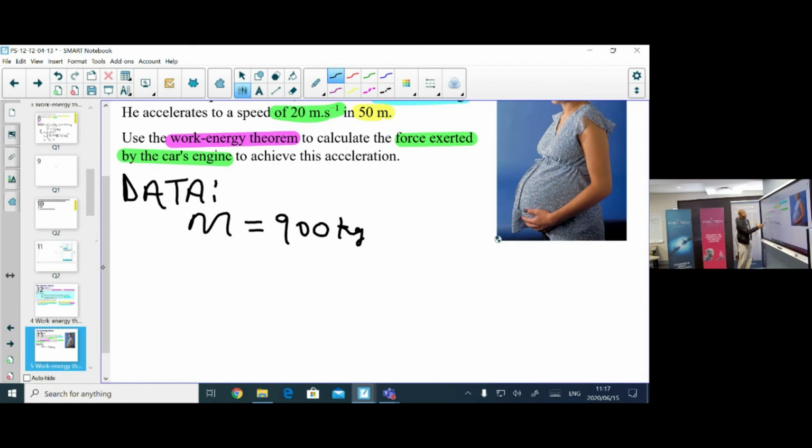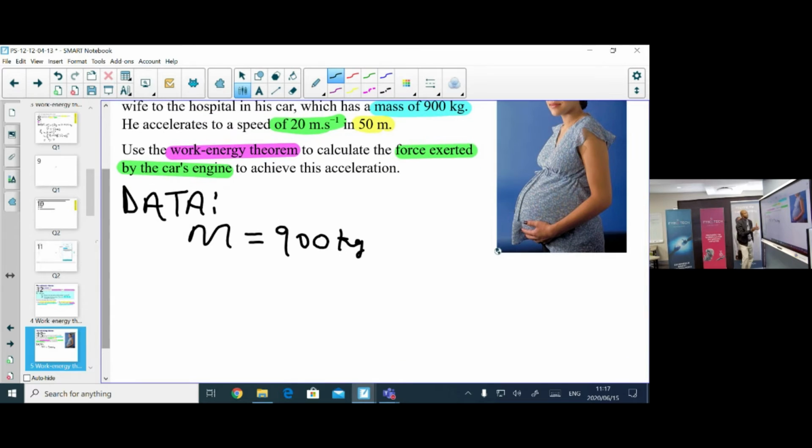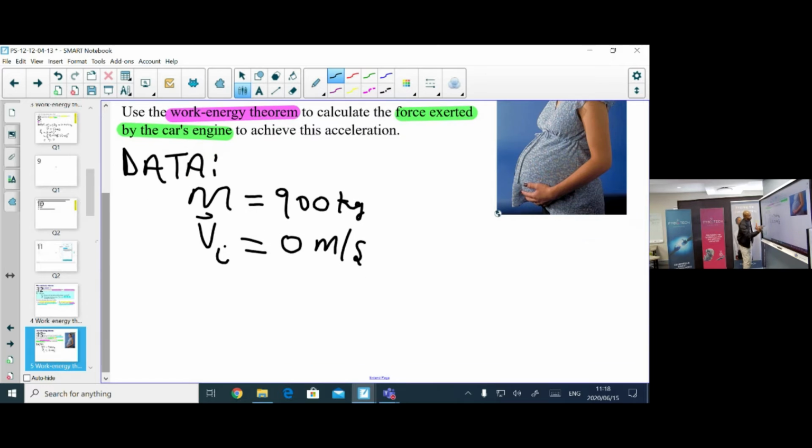And what else? We have the initial velocity, which is equal to 0 meters per second. And what else?